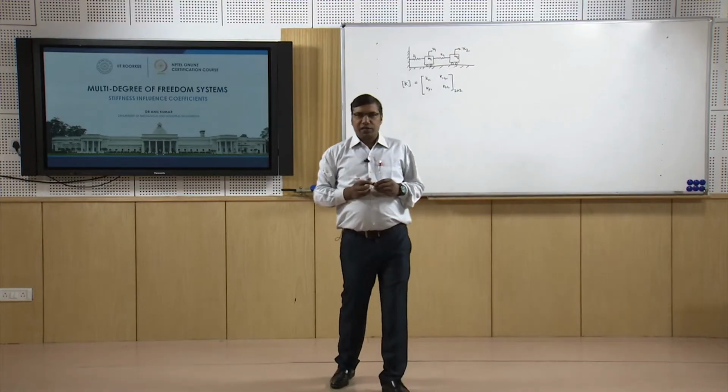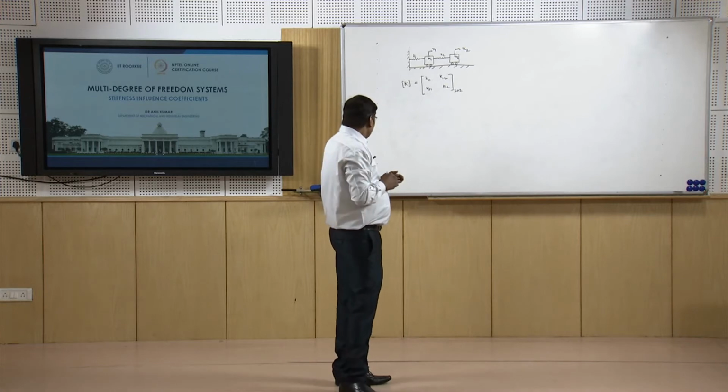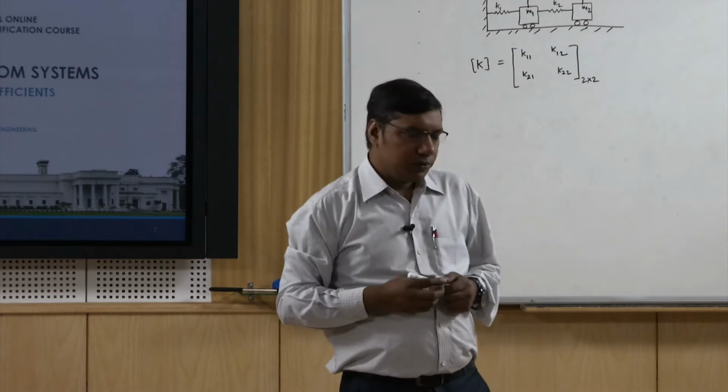So this matrix will be a square 2 by 2 matrix, and we will have a total of 4 influence coefficients that we have to find out.